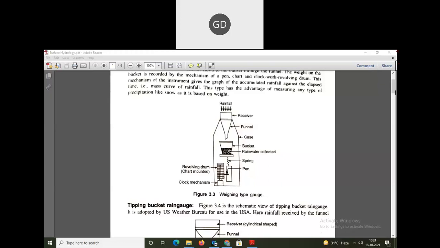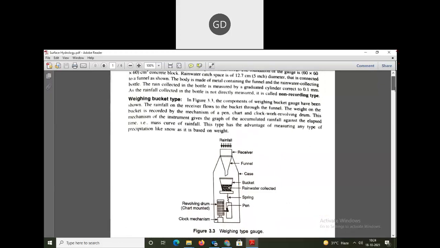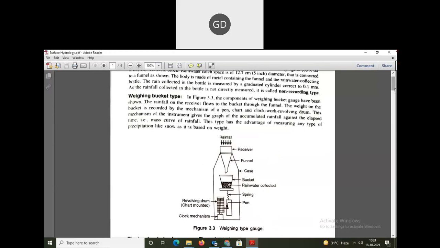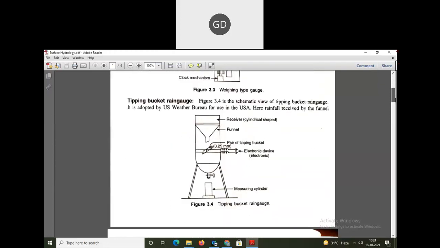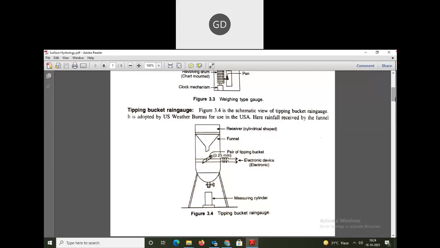Last class, we were doing the weighing bucket type, as far as I remember. Weighing bucket type we have done. So next, you write down this one: tipping bucket rain gauge.